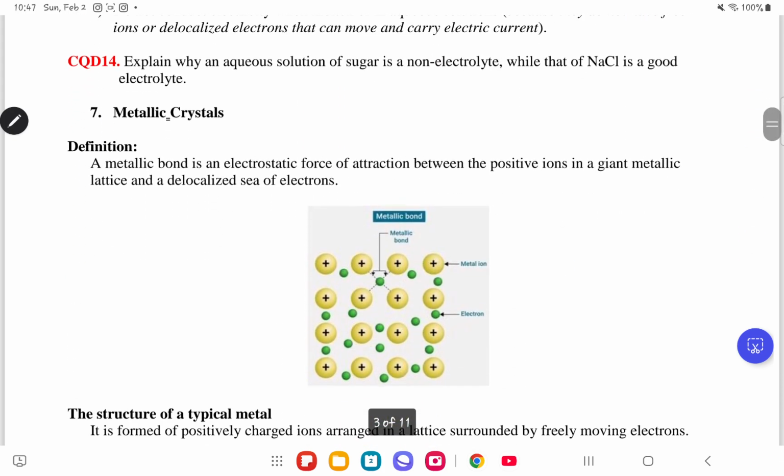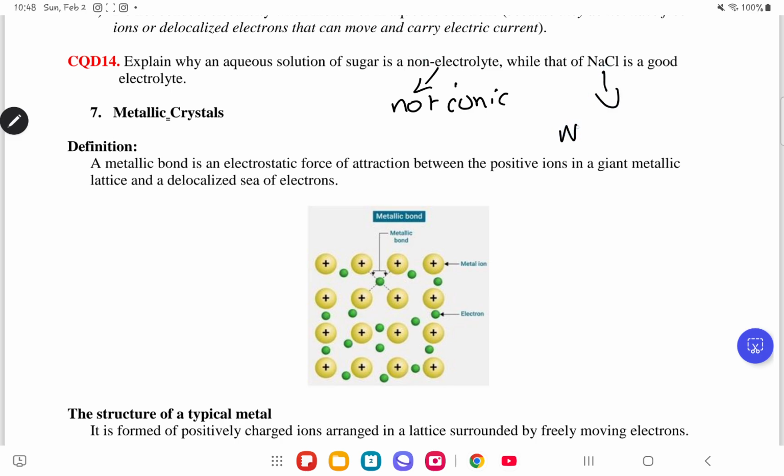Moving on to CQD number 14. So here they're asking us, explain why an aqueous solution of sugar is a non-electrolyte while that of NaCl is a good electrolyte. Very simply, sugar is not an ionic compound. So it's not ionic, it doesn't have ions. So it does not have any positive or negative charge that will allow the current to flow through them.